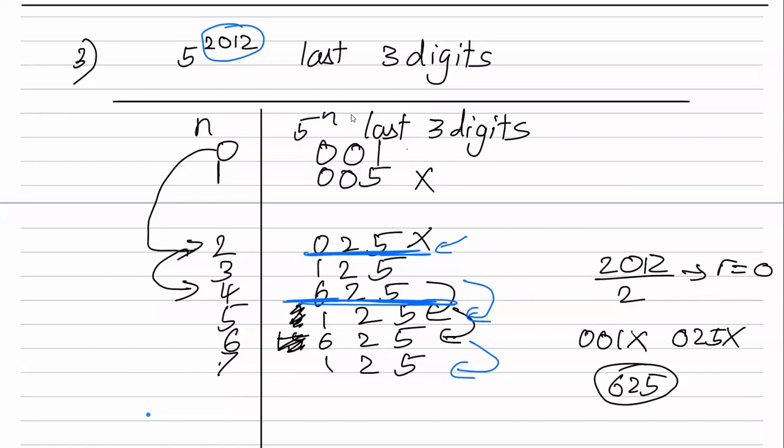So shouldn't the answer be 125? Yes, sir. Did I make a mistake? No, no, no. Don't go where the periodicity is starting.